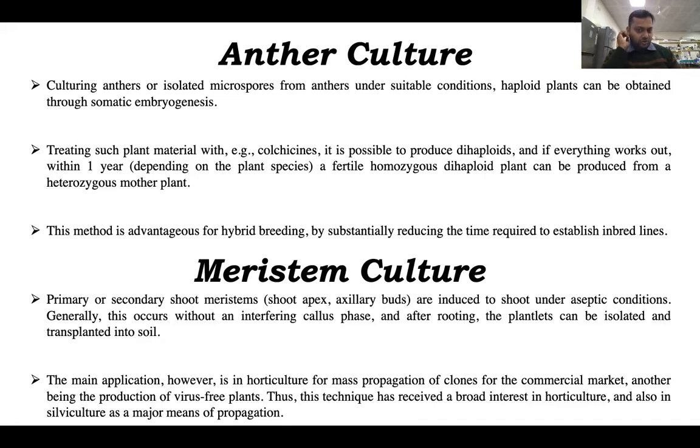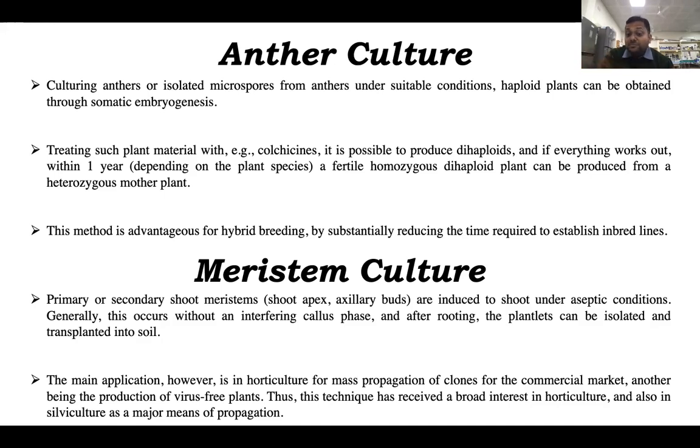The main application of meristem culture is in horticulture, for mass propagation of clones for the commercial market. So you don't do any callus. We are not leading to any de-differentiation and callus formation. You just culture the meristem, develop several clones, and plant them out. So this is for commercial propagation of the same plant.